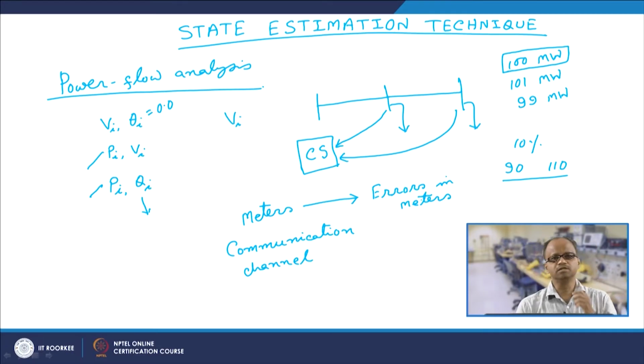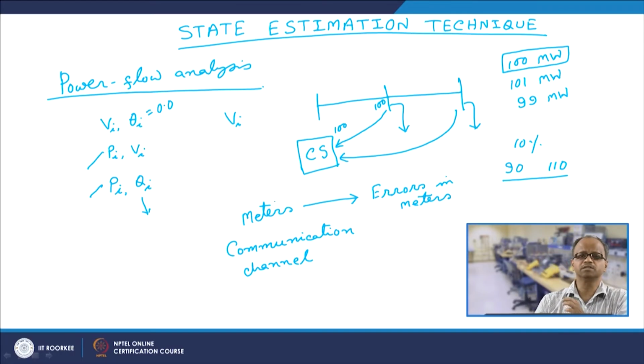Now, what is the issue regarding this communication channel? We are assuming that this communication channel has got no error as such. So, if the value sent by the meter is, let us say, 100, this communication channel also sends a value of 100.